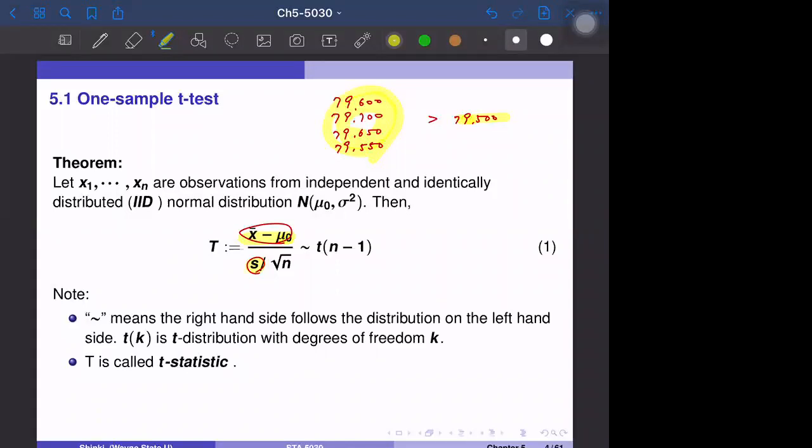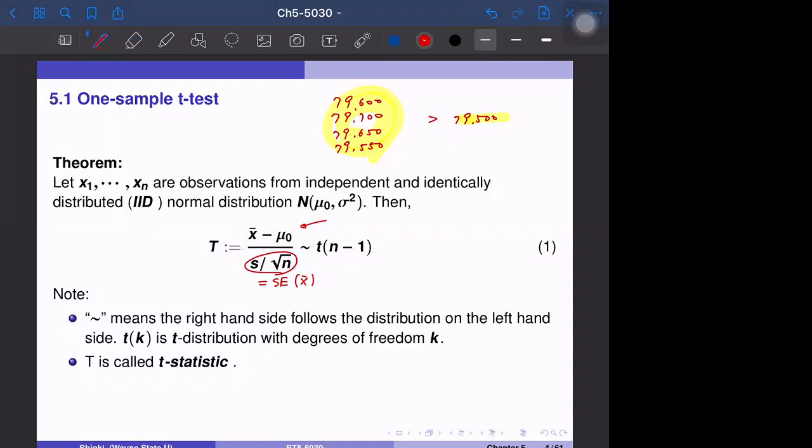Actually, S over square root of n is the standard error of X bar. So the numerator is the deviation from the hypothesis and the denominator is the standard error.